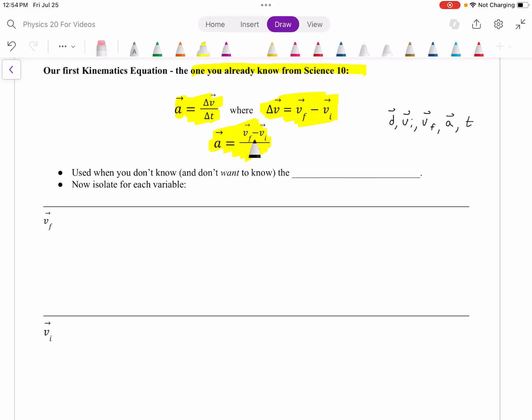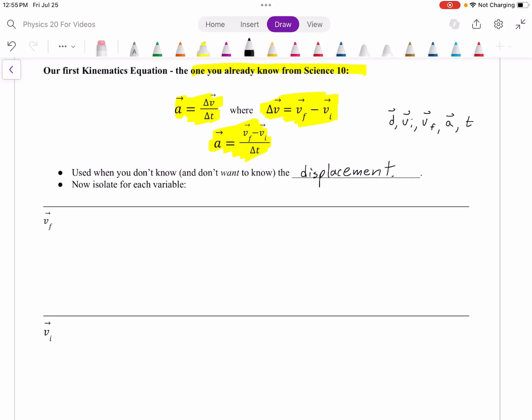Displacement does not appear. So we can use this formula when we don't know and don't want to know the displacement. And we can see that that's good because if I don't know the displacement, I'm not going to have to know it because I don't have to plug it in anywhere in this equation. But if I wanted to know the displacement, this equation's no good because it doesn't have displacement in it. I can't solve this for displacement.